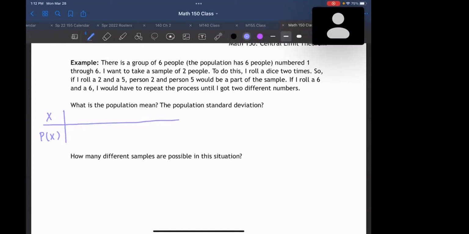So let me make a small chart, and I will never ask you to do this on your own. We're kind of just setting ourselves up, okay? I guess the possible values I could have is person 1, person 2, person 3, person 4, person 5, and person 6, right? Those are all our possible things that can happen, okay?